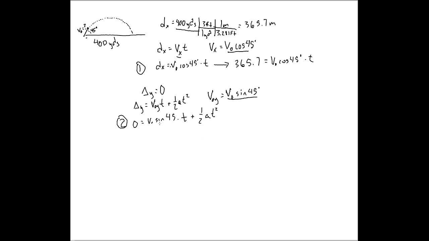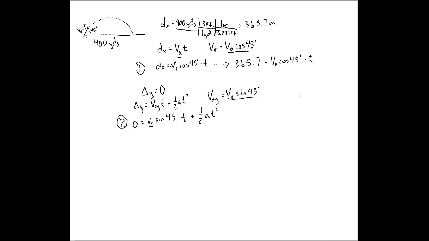And down here, there are only two unknowns. I don't know V naught and I don't know time, but I do know my acceleration. It is negative 9.8 because our Longbowmen are on Earth. So, two equations, two unknowns. This is so helpful on the ACT. At least 3 or 4 questions deal with system of equations. A system of equations is 2 equations and 2 unknowns.